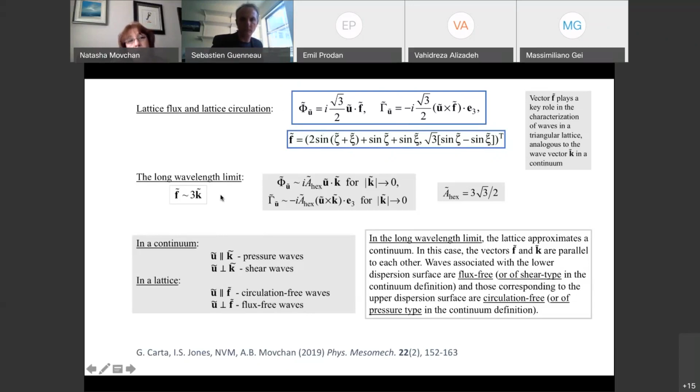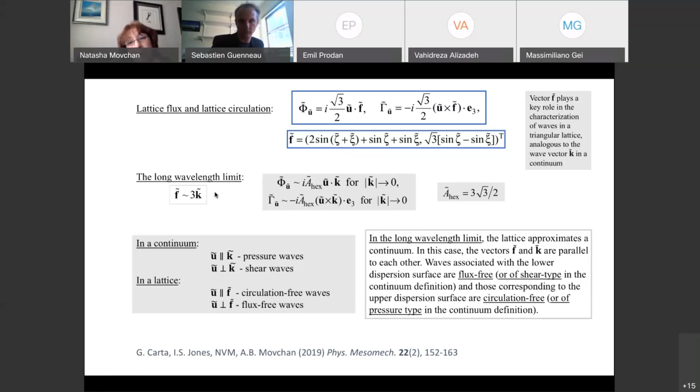Interestingly enough, in the long wave limit, these two vectors are parallel to each other, and therefore we can think of shear type waves corresponding to a continuum as being flux-free waves, because when u is perpendicular to k and therefore u is perpendicular to f, we have zero flux, and we have shear type waves in the continuum.